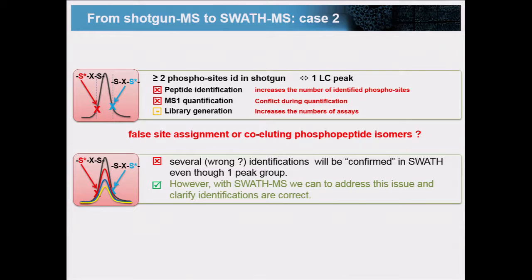But in SWATH, we can at least try to address this issue by trying to clarify these identifications if, for example, we build the assays correctly to account for site-determining ions. And as I've shown you before, we have more of a handle over it than we do when we're doing MS1 quantification and shotgun type of pipelines.